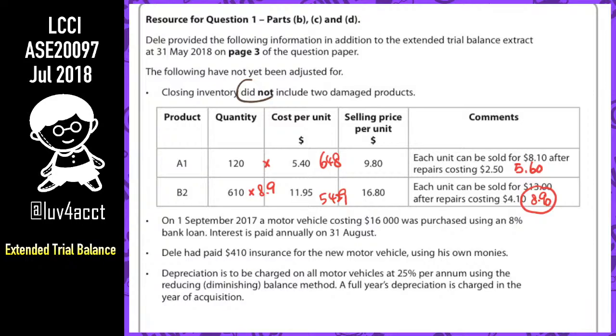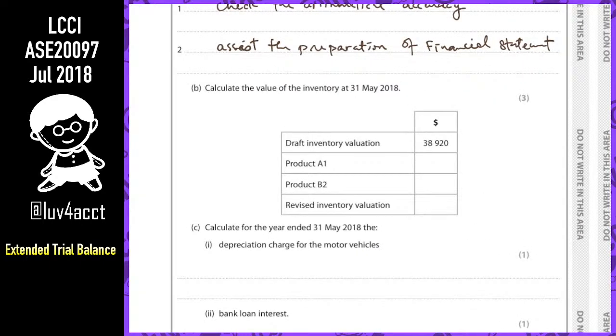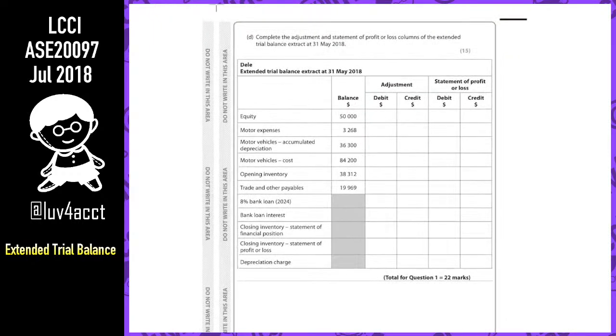So these two amounts, 648 and 5429, the value will be 6077. And then this amount should be put in the extended trial balance. You can see here, statement of financial position debit, statement of profit and loss credit.